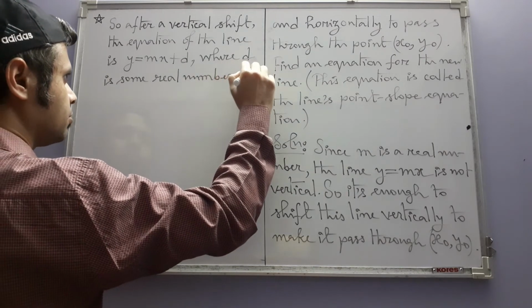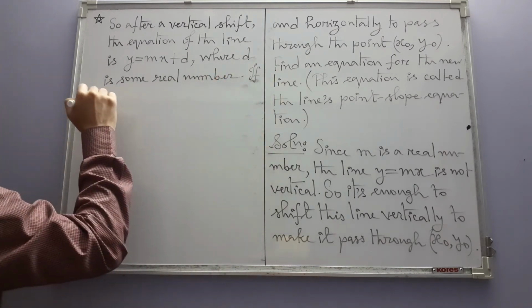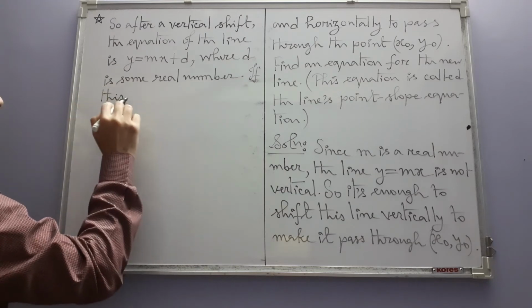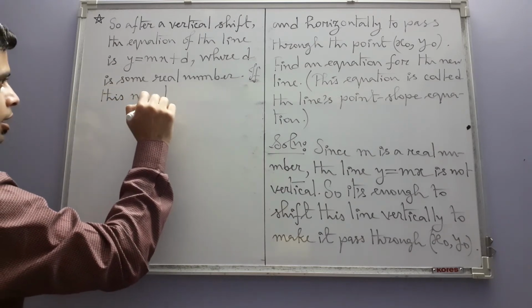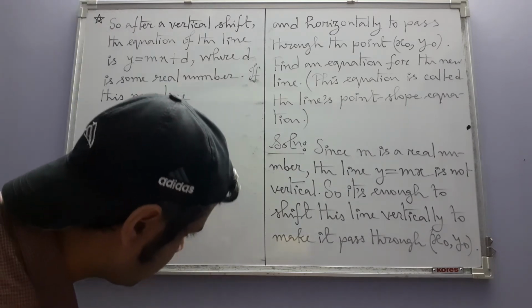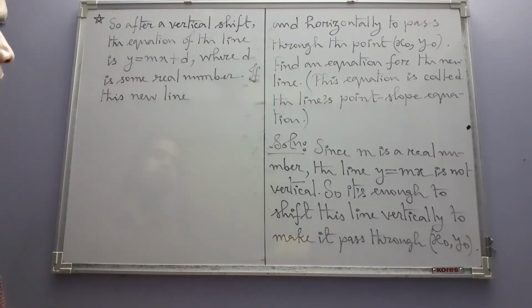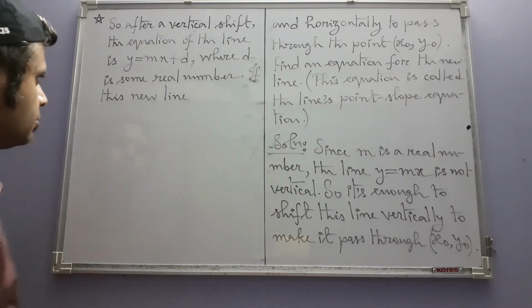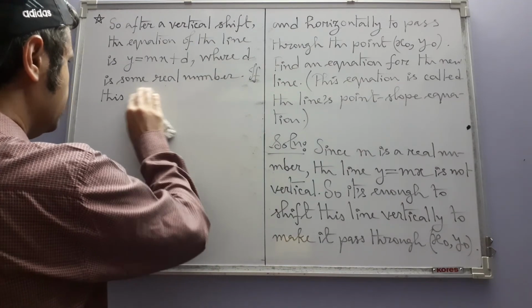Now if this new line, we can call it a new line, but because we are interpreting it as the old line in a new position, so let us not write new line.